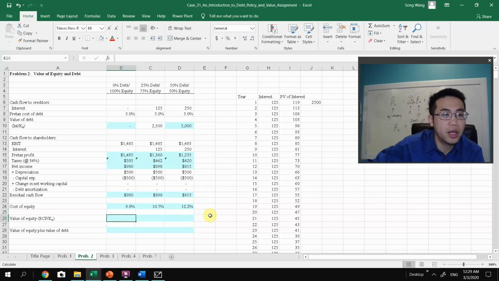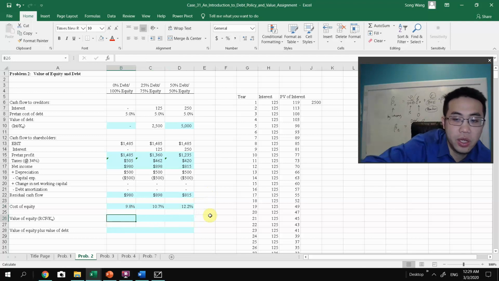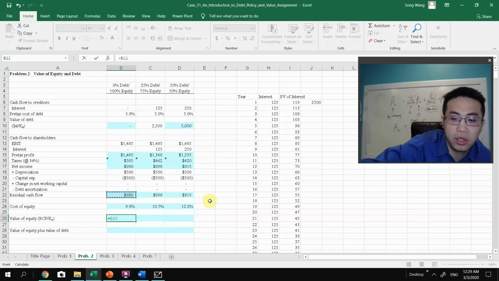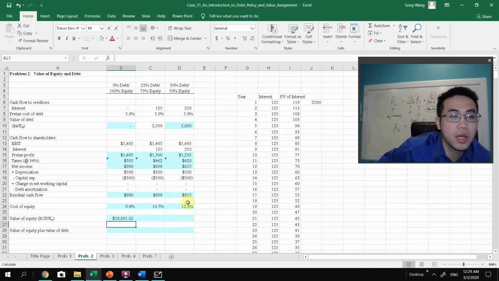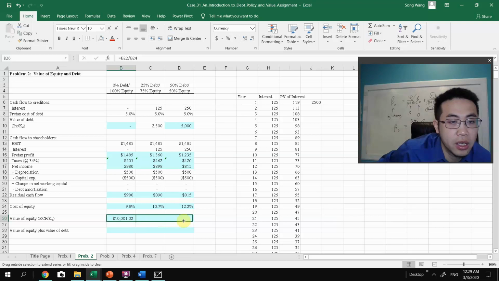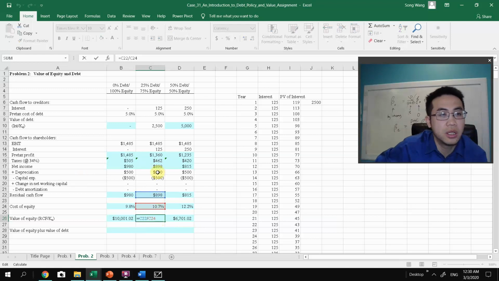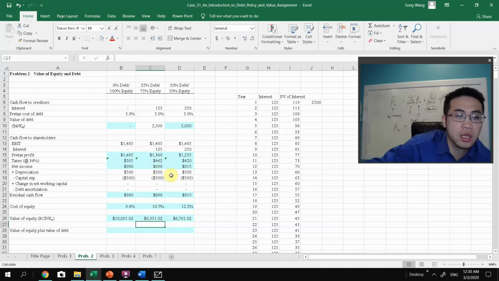And the value of equity, so basically I will use the residual cash flow, just anything but interest payment. Okay, so that's the value of equity I got here. And then right here I use the residual cash flow, which incorporates this depreciation, interest, and so on.